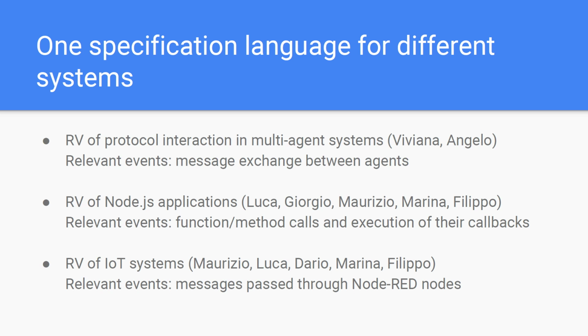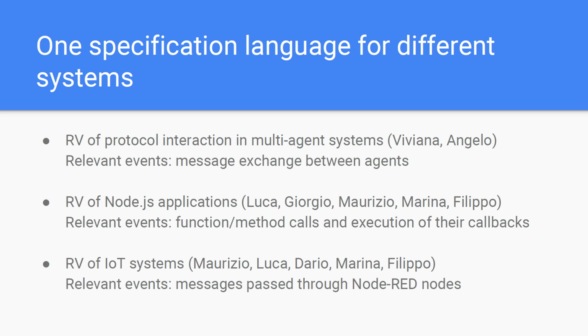because Node.js is based on asynchronous programming and this event-based, event-driven model. And then we have used again the same language for runtime verification of Internet of Things IoT systems by using Node-RED.